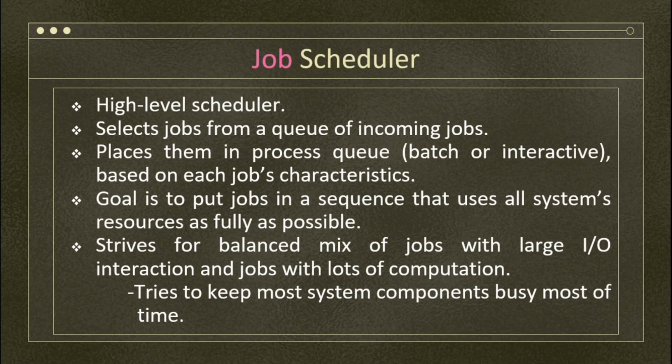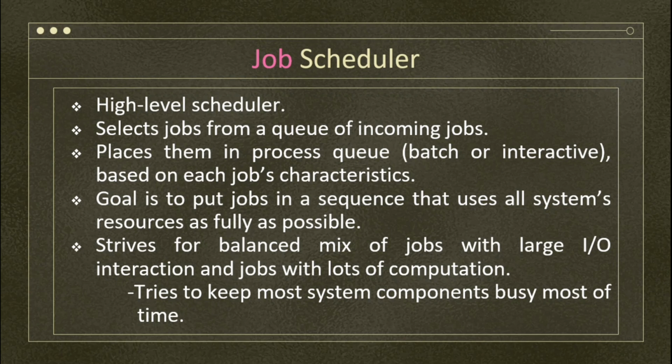Job scheduler. The high-level scheduler selects jobs from a queue of incoming jobs and places them in a process queue, batch or interactive, based on each job's characteristics. The goal is to put jobs in a sequence that uses all system resources as fully as possible.